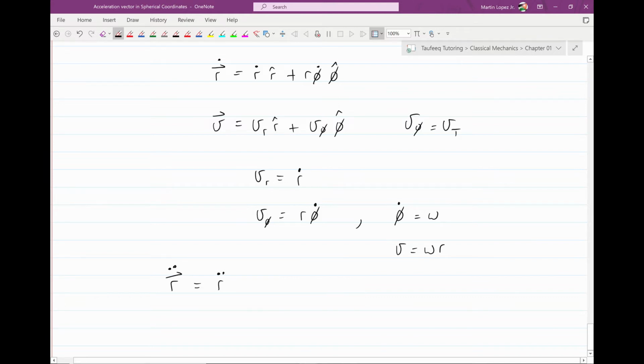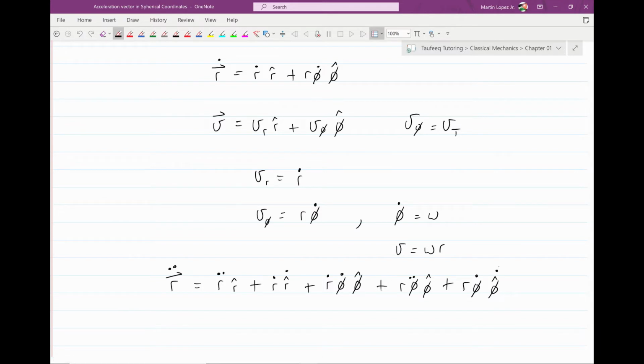The first term is going to be r double dot r hat, plus r dot r hat dot, plus r, now this is a triple product rule, r dot phi hat plus r phi dot phi double dot phi hat, plus r phi dot phi hat dot.